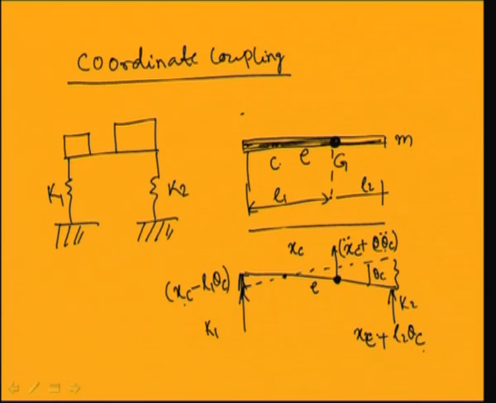So in addition to this, let me assume that the rotational inertia is J c. So this point will have a rotational inertia force equal to J c into theta c double dot. So I can write the equation of motion by doing the force balance.